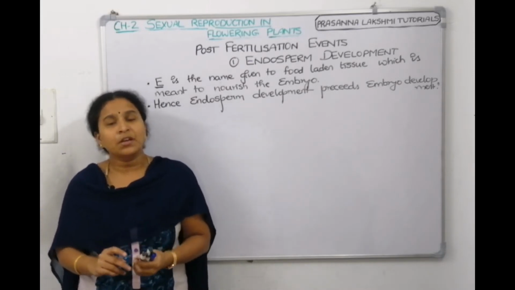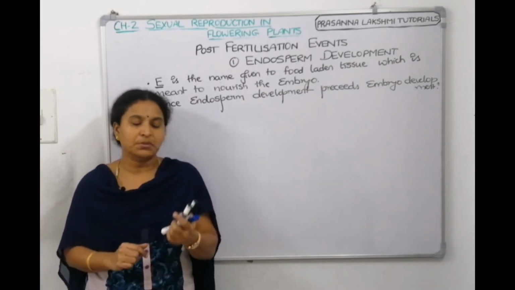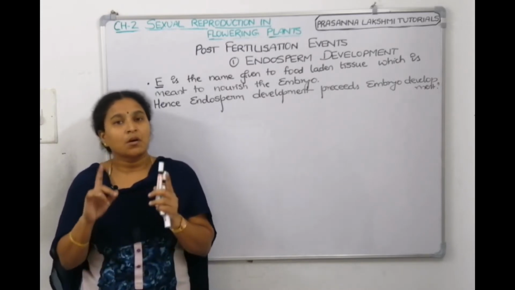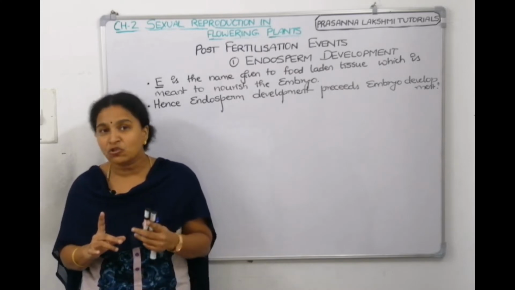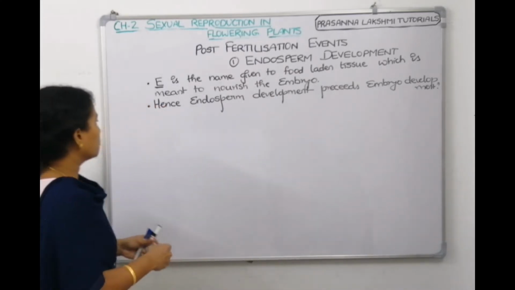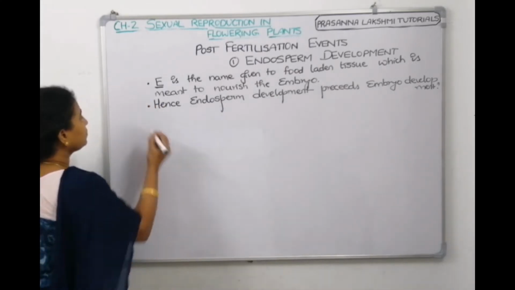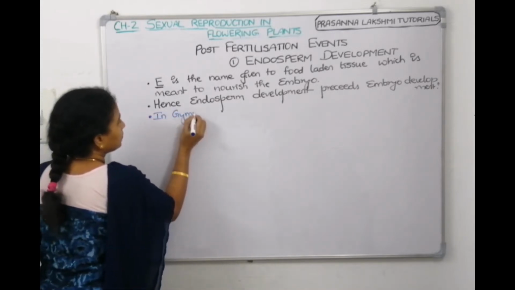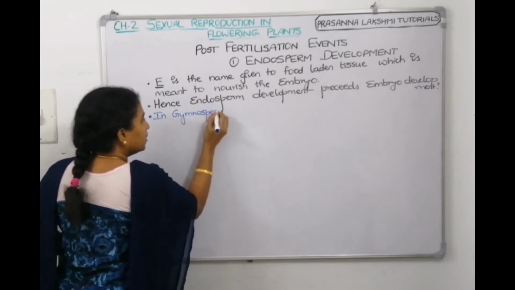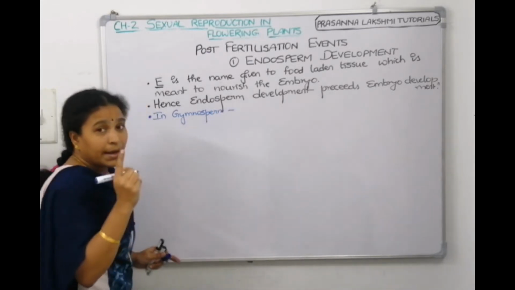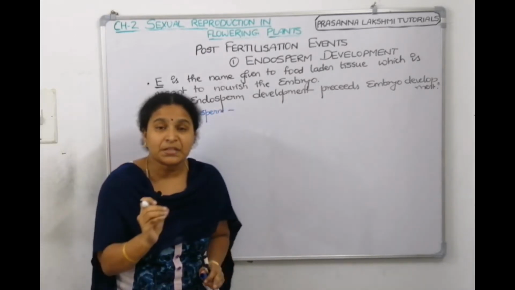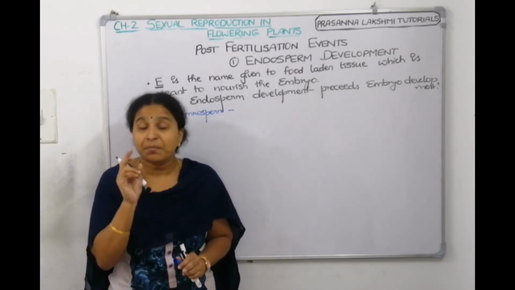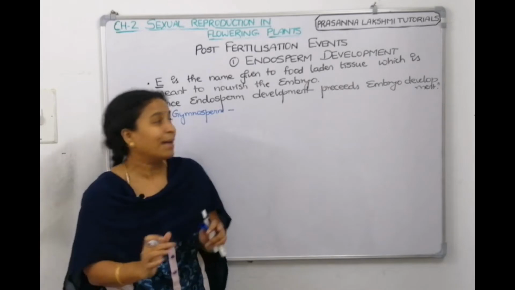Understood? Now we know that gymnosperms and angiosperms have dominated the plant kingdom. In gymnosperms, what do you mean by endosperm? In angiosperms, what do you mean by endosperm? In gymnosperms, the endosperm is a representation of the female gametophyte.